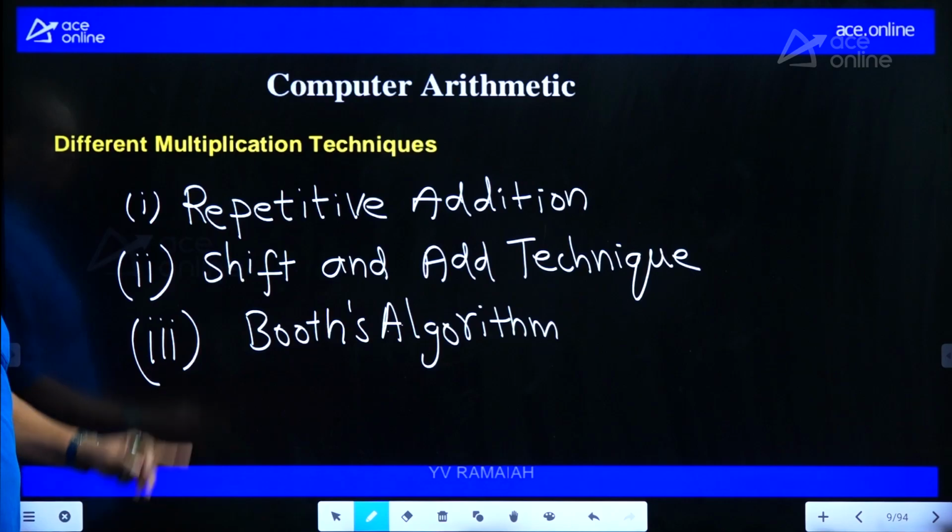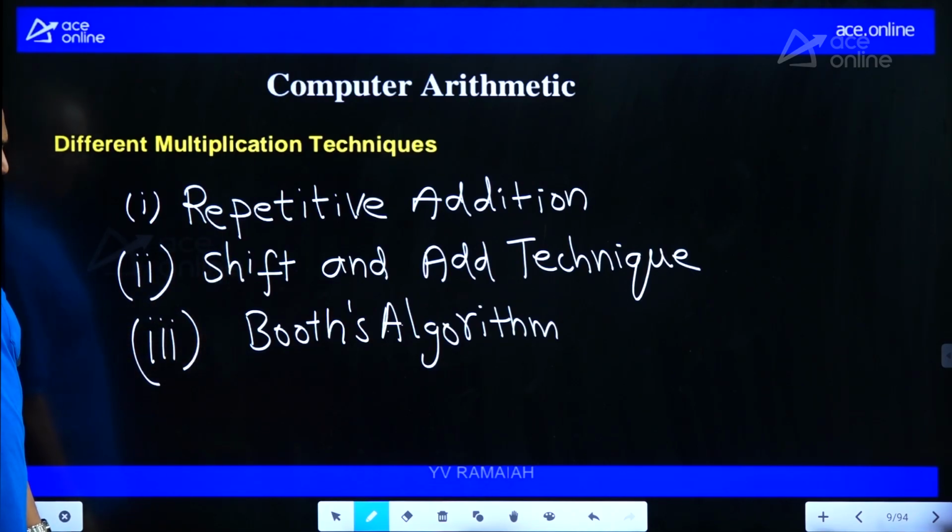Third one, Booth's algorithm. In the shift and add technique, what happens? Look here.